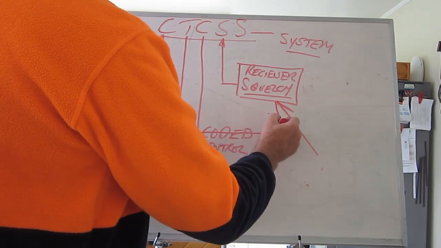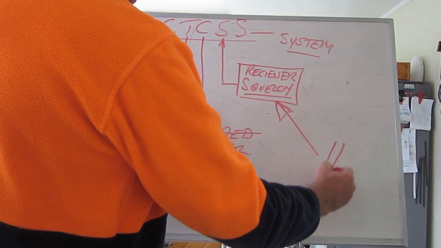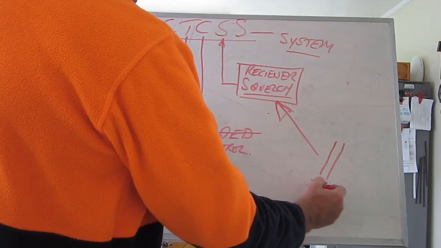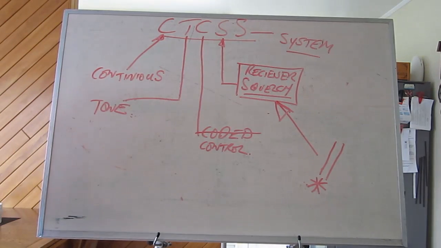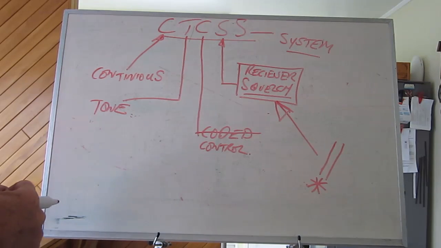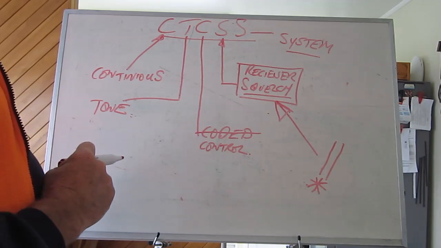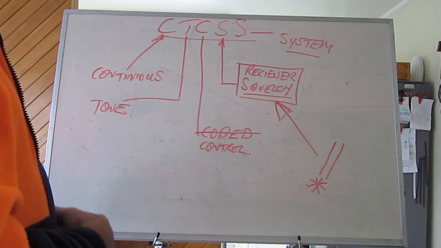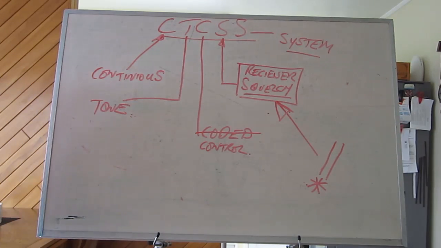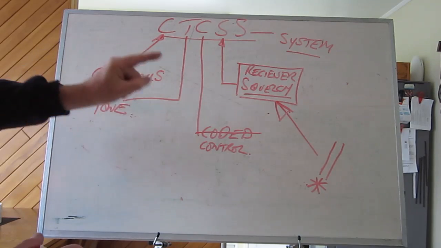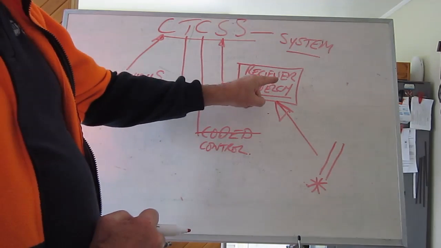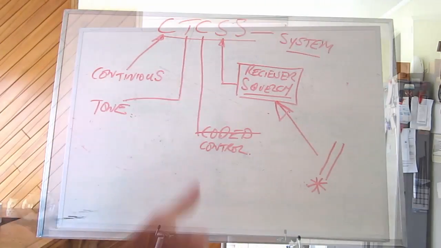We are going to control the receiver squelch. That bit of understanding is vital. Without that small piece of understanding, the rest of the discussion is immaterial. So we have a continuous tone control of the receiver squelch, and it's a system.